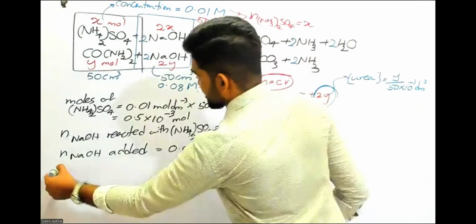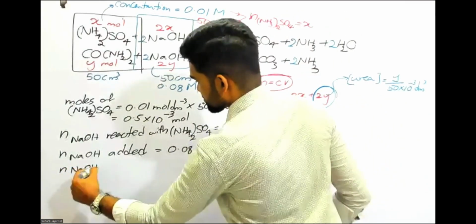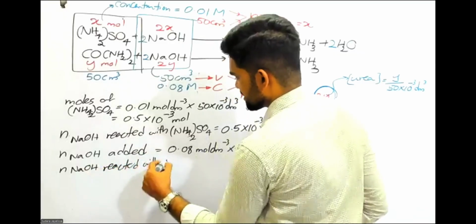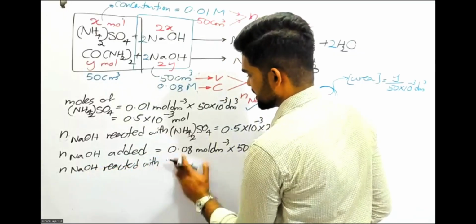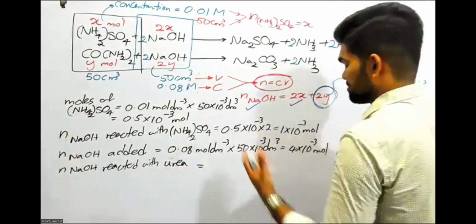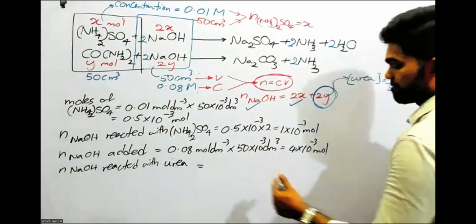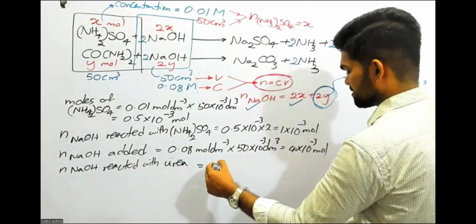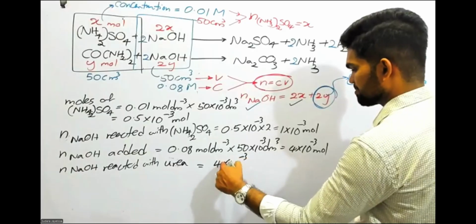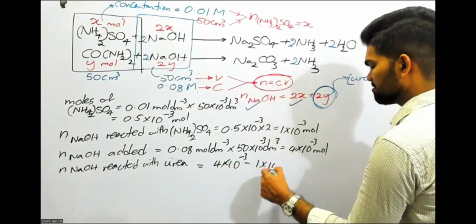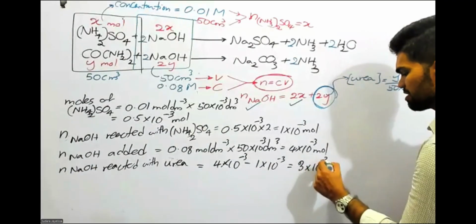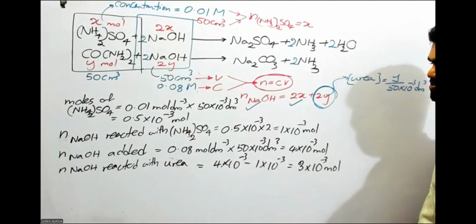So now we can find moles of NaOH reacted with urea, or CONH2 twice. Okay. So it has reacted 4 into 10 to the power minus 3 subtract 1 into 10 to the power minus 3. So you get 3 into 10 to the power minus 3 moles have reacted.